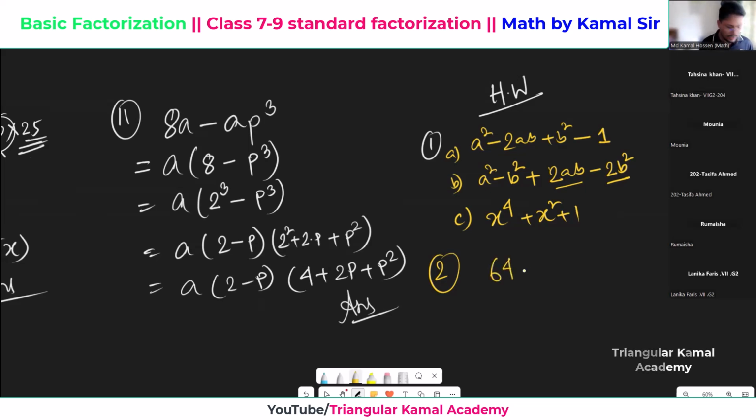Number a, 64x cube minus 8y cube. Number b, x cube minus 8.